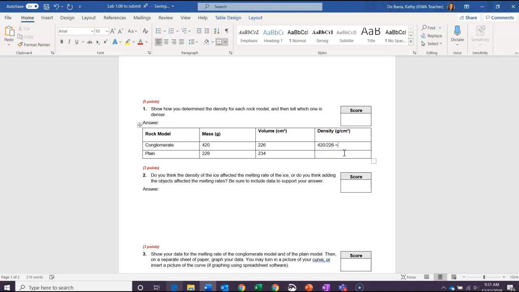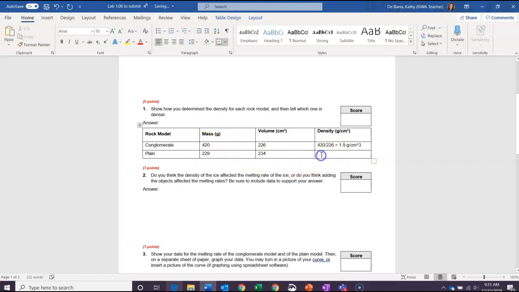And so that is going to give you a number that's pretty close to 1.9 if you're rounding. You don't need to give me more than 1 or 2 decimal places. So something like 1.9. And it's always good to follow up with units, because units tell us what information we're talking about here. So this is a density of 1.9 grams per cubic centimeter.